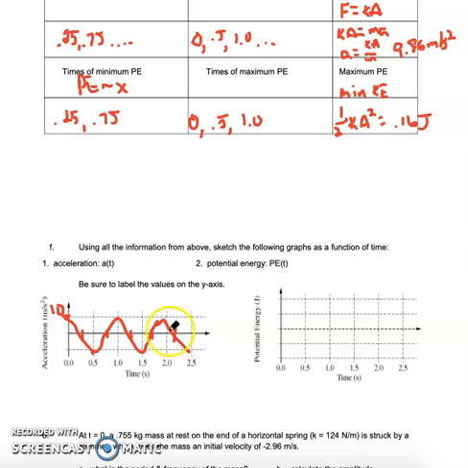So not too bad. All right, in terms of potential energy, I'm going to use this. Our maximum is 0.16, we learned. And again, it follows a very similar pattern as before. At 0.25 is when we're at a minimum, so actually down here.